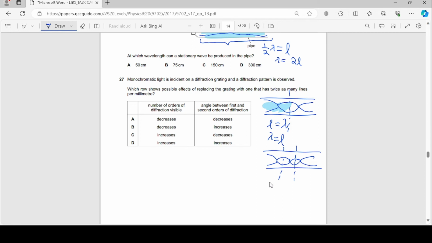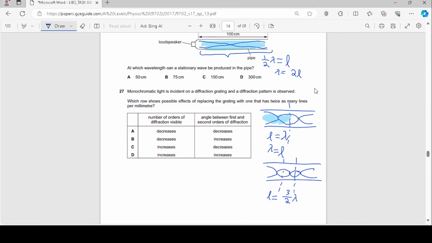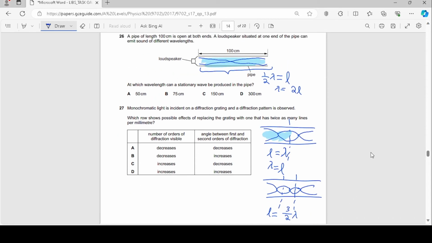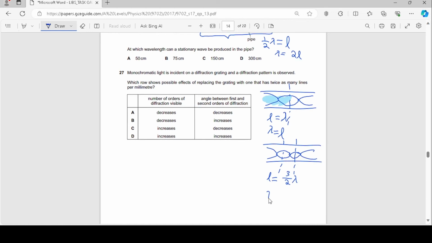So L equals 3 by 2 lambda, because it's one lambda that was originally there plus another half lambda. So basically every time you're adding another half lambda, if you have both open ends or both closed ends. And here lambda equals 2L by 3.